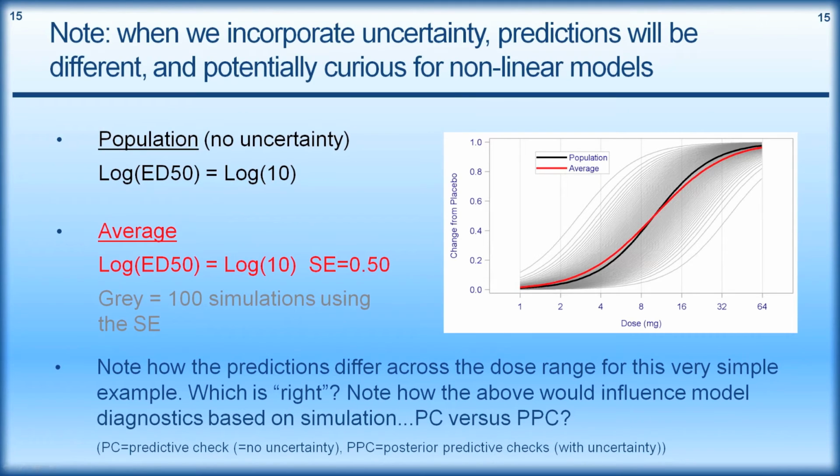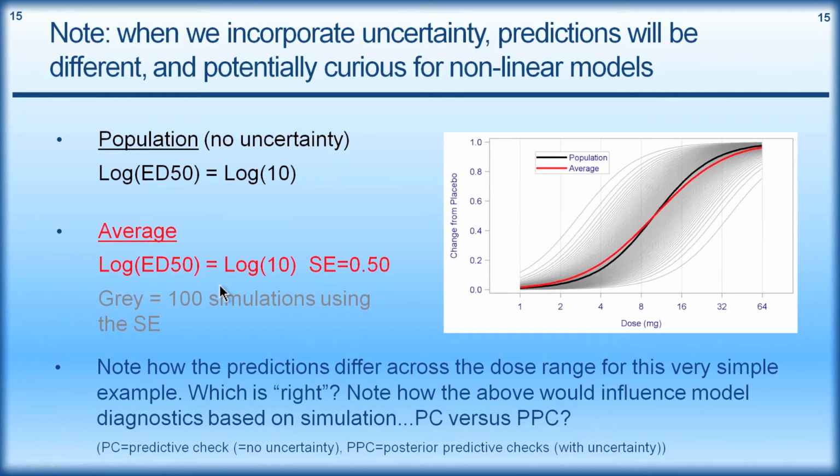I think it's important to note that when we incorporate uncertainty, predictions will be different and potentially curious for nonlinear models. Here's a simple example where we're just considering one parameter. We can think about the log ED50 being a value of log 10, so the ED50 here is about 10, yielding a result of around 0.5. This is the black line here.